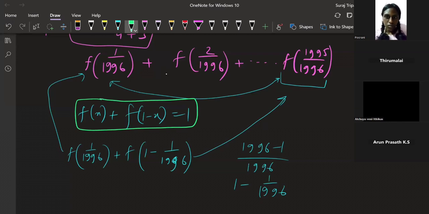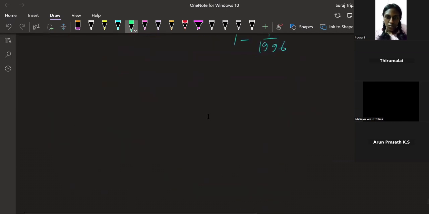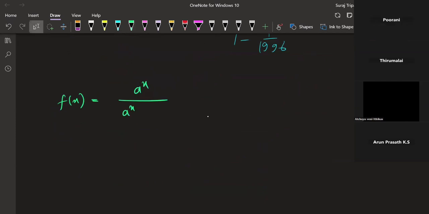No, sir, I can understand that, but how are we equating that? Like, how is f of x equal to f of 1 by 1996? Now just see here. If any function is given in the form of a raised to x upon a raised to x plus root a, right, this is the value of f of x.